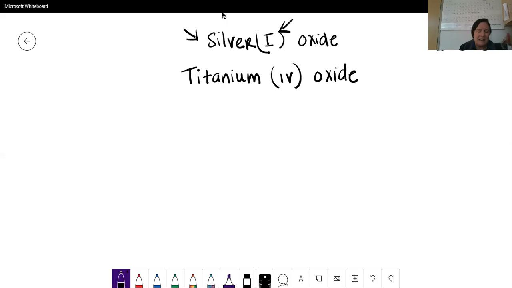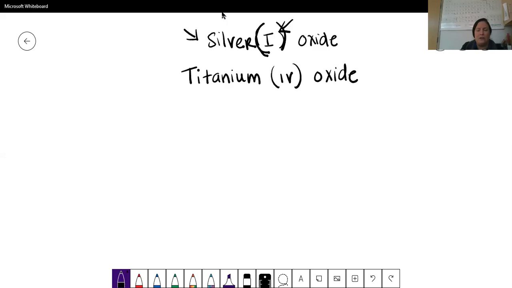But because we don't get into that in this course, I require a Roman numeral for every transition metal, okay? Again, when you get to higher level courses, there are common what they call oxidation states, and you are required to know those. I don't do it that way. I just require a Roman numeral with every transition metal, okay? So then there's no question about how many electrons it's using to bond.